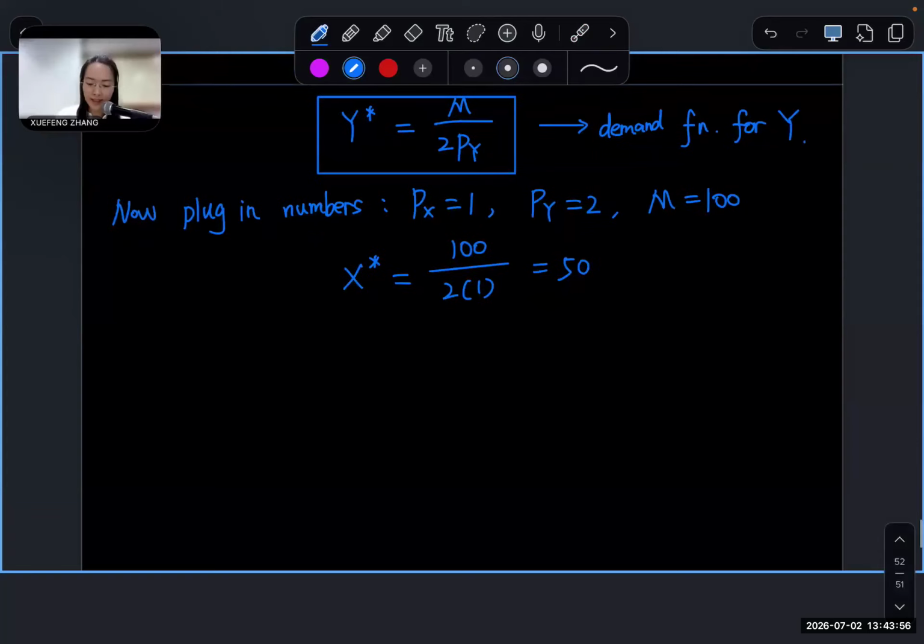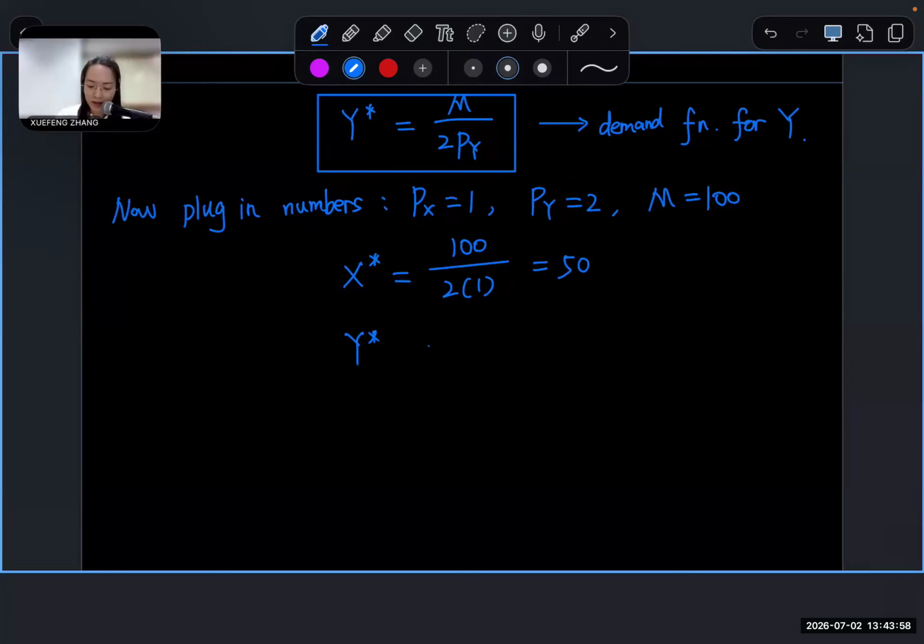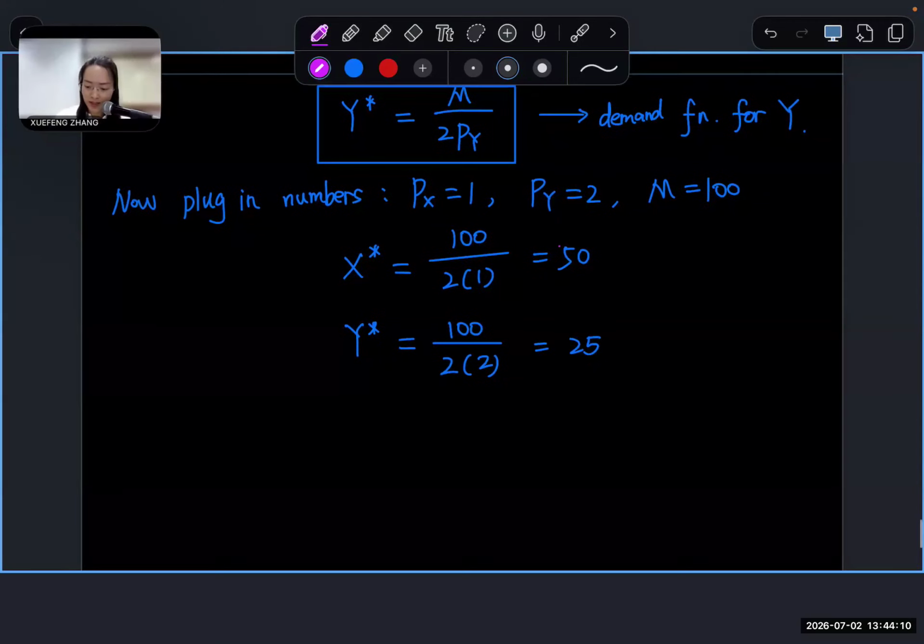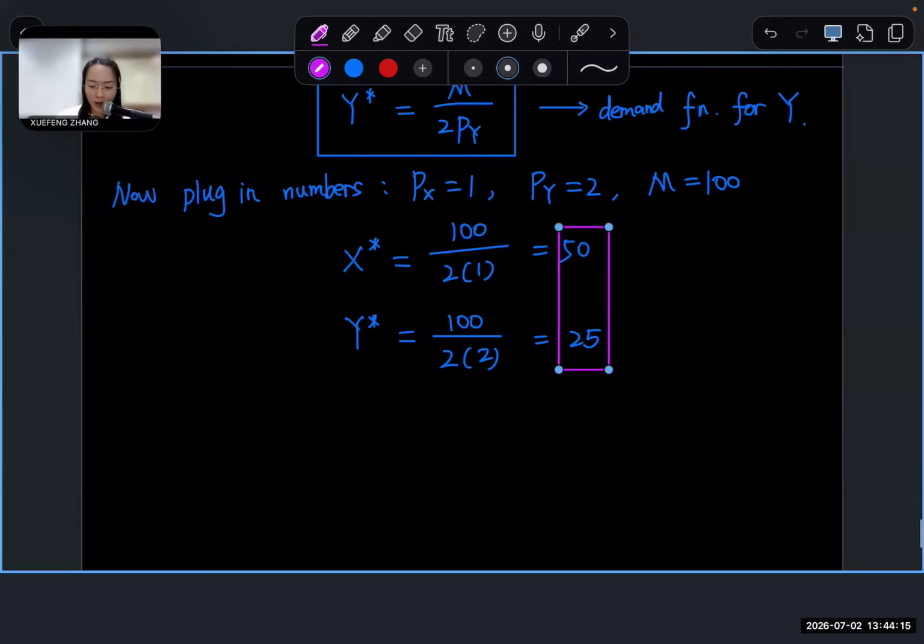Same idea, y star equals 100 over 2 times price of y, which is 2 here. So here is 25. Okay, so here those x and y are optimal bundles, okay?